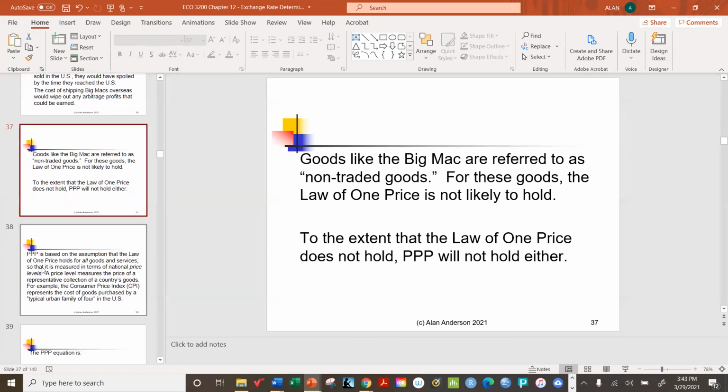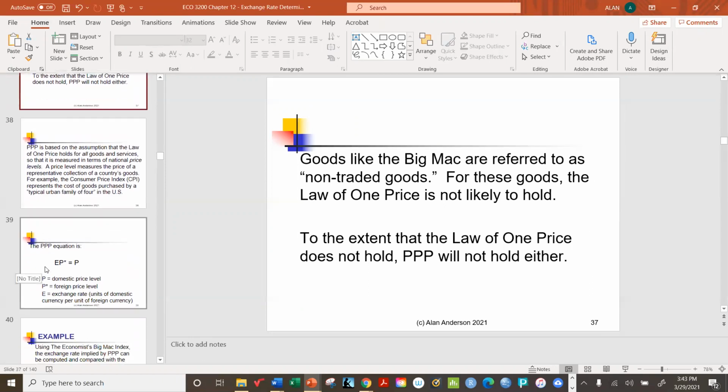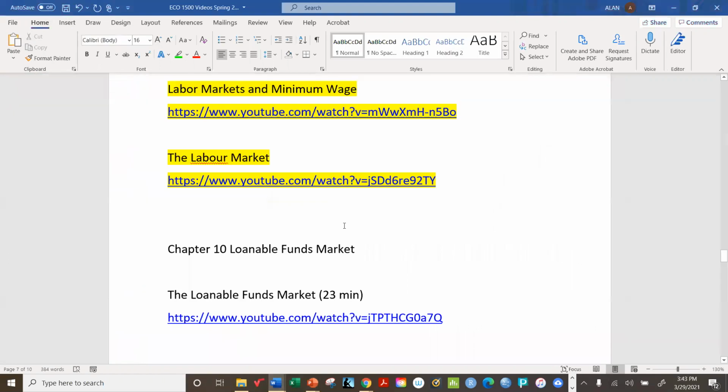So that gives me an excuse, now that we've gotten to that point, to show you a couple of videos which talk about the Big Mac Index. I think you'll find these very interesting. So why don't we take a shot at those? Hold on one second. No, not that one. Hold on.